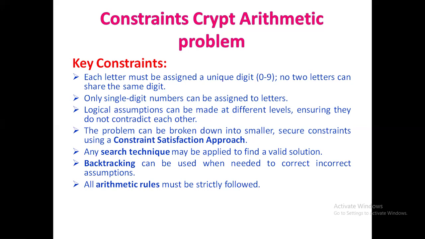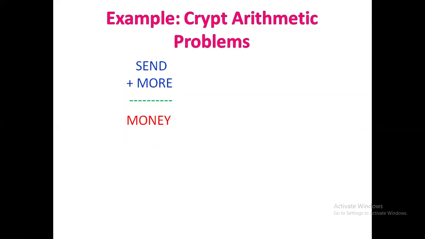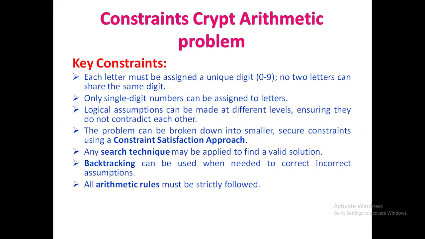If an assumption leads to an incorrect assignment, backtracking can be performed to revise previous choices and find an alternative path. Throughout the solving process, the fundamental rules of arithmetic must be strictly followed to ensure the correctness of the final solution. So the example we have taken is SEND plus MORE, and we are getting MONEY.